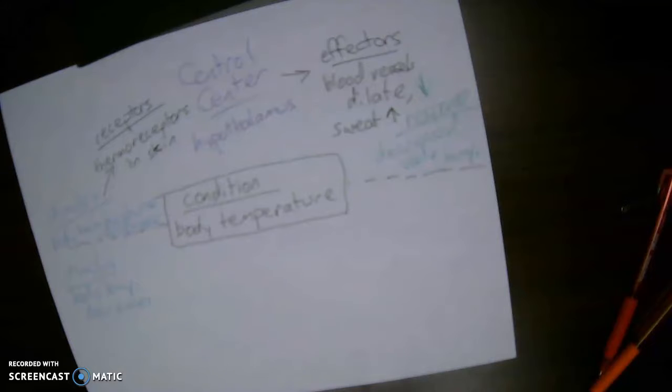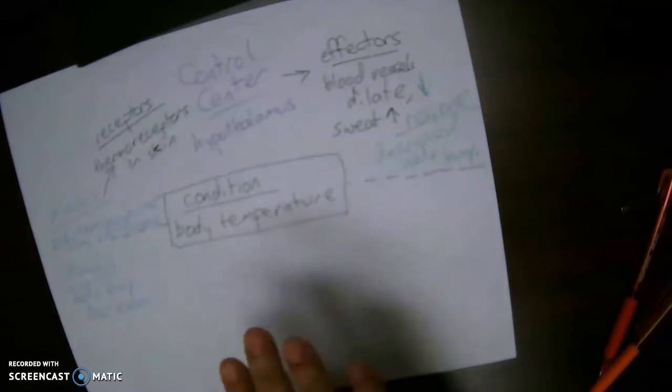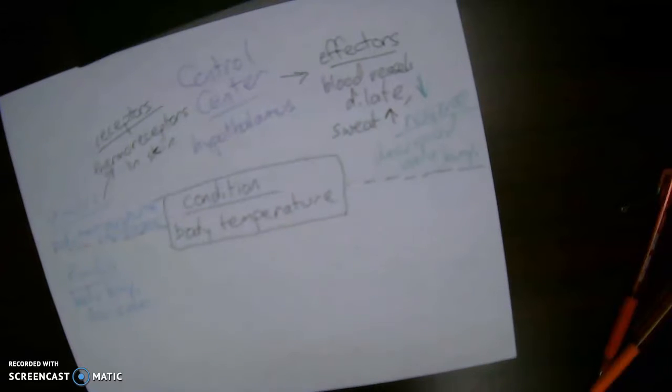You're going to list the stimulus, the receptors, the control center, the effectors, and the response for increasing and decreasing the condition. And this is basically what you're going to do. And you can write it on a piece of paper, take a picture of it, and upload it to the assignment. Or you can do this on some kind of a drawing app or something of that nature.